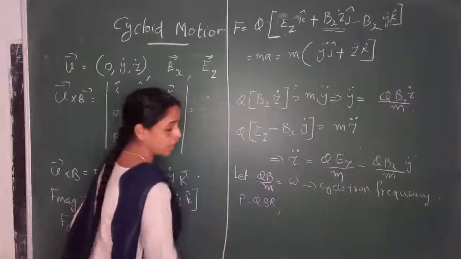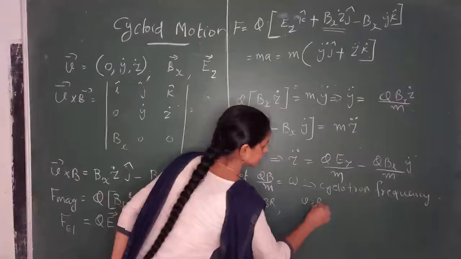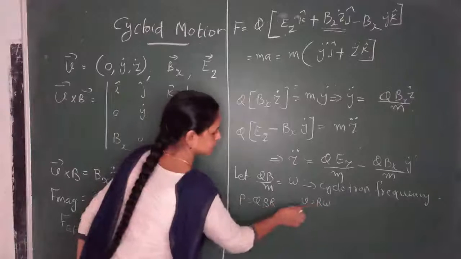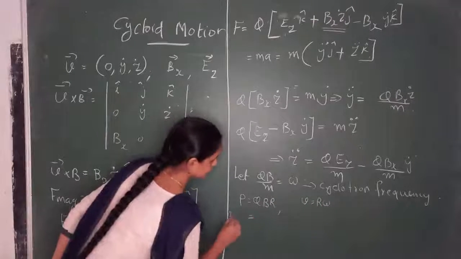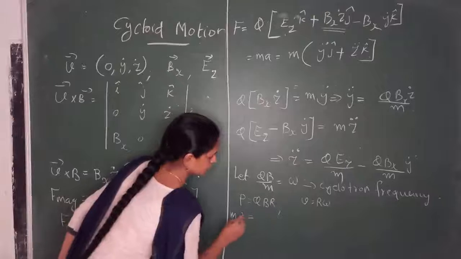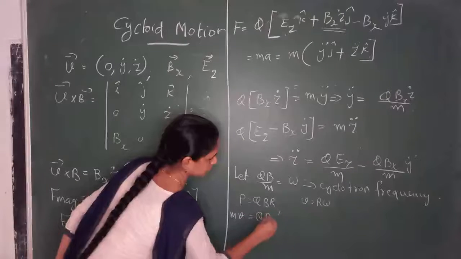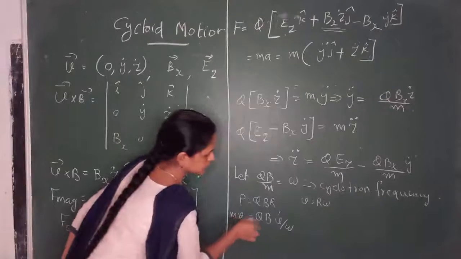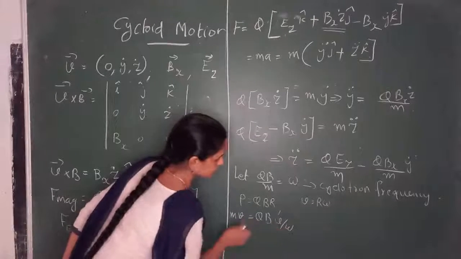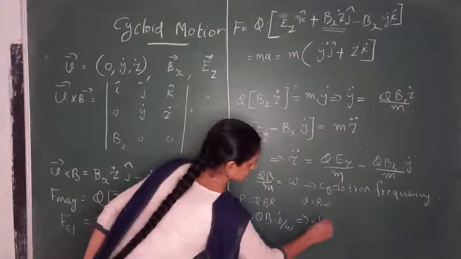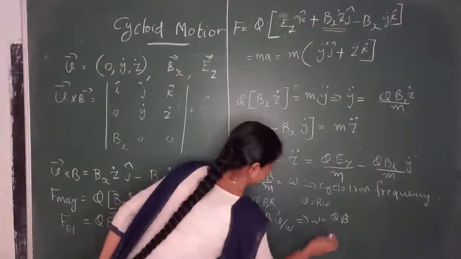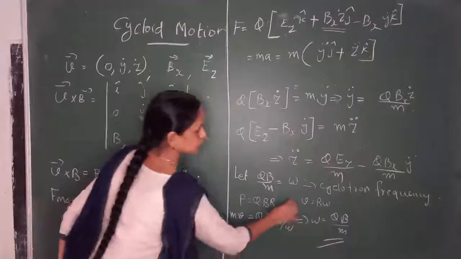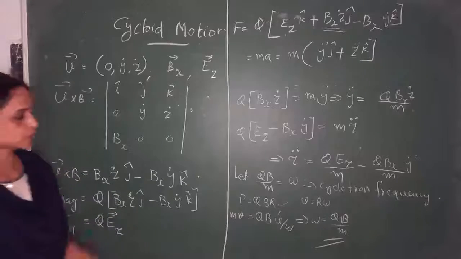So we can write V equal to R omega, so R is equal to V by omega. So mV is equal to Q into B into V by omega, then V and V will get cancelled. So you will get omega is equal to QB by m. This is the cyclotron frequency, from the cyclotron formula.